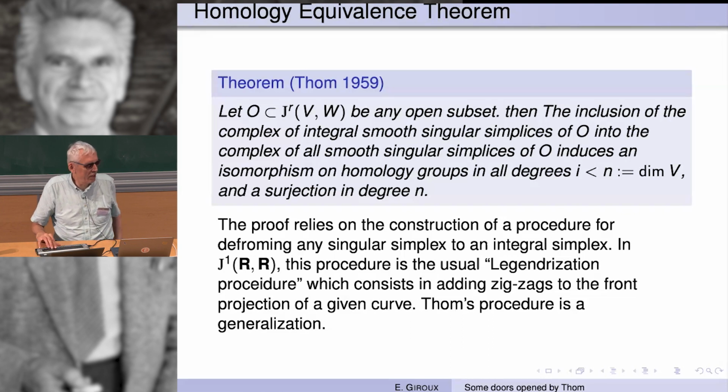And Thom's theorem says that this inclusion induces an isomorphism on the homology groups in degrees strictly less than n and a surjection in degree n.